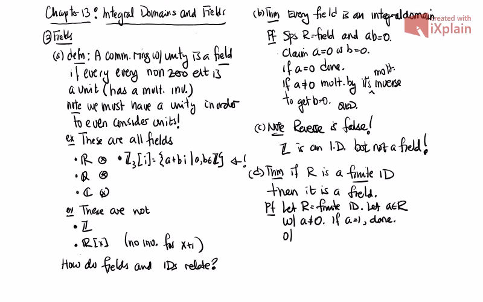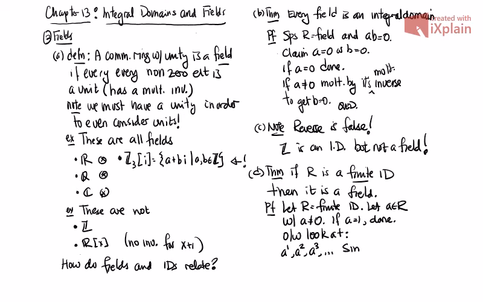Otherwise, look at all of these: a to the 1, a to the 2, a to the 3, and so on. Since R is finite, two of these somewhere must be the same. They couldn't all be different.